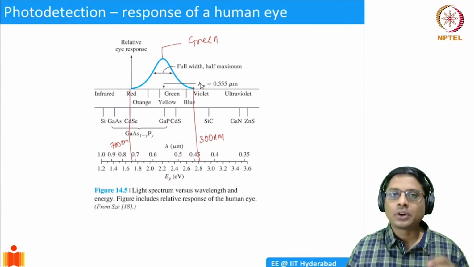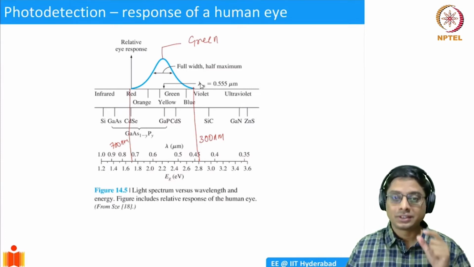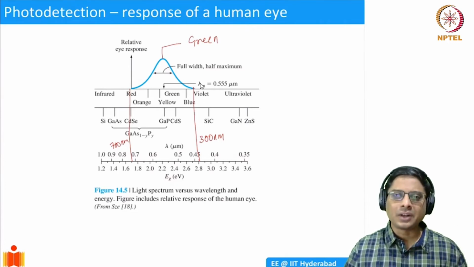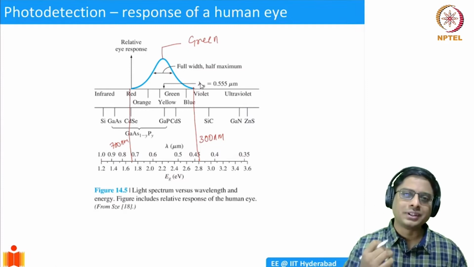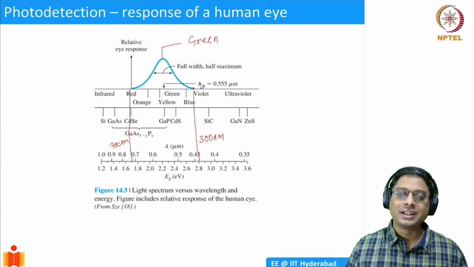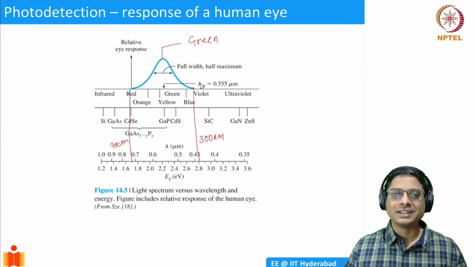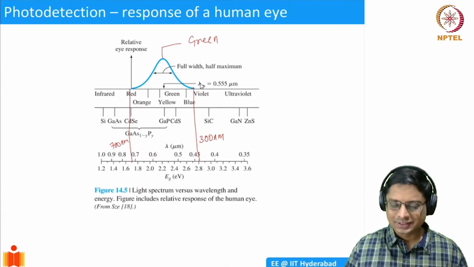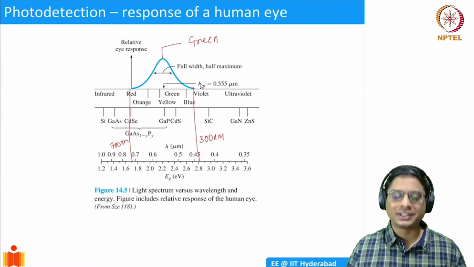So in that spot, there are about 10^15 photons, and we're able to see it quite clearly. Now you start reducing the number of photons by 15 orders of magnitude, and we still can see with the human eye. It's a very, very fantastic piece of, a fantastic photodetector in that sense.